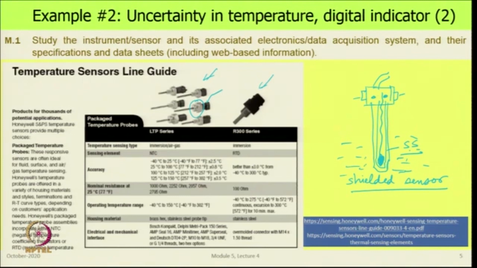Sometimes these environments can be quite harsh and they can damage this device, so thermocouples in some cases can be used without the shield, but RTDs are always with a shield, and so is the NTC, which is written here, negative temperature coefficient or thermistor.